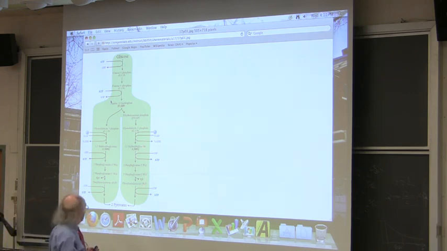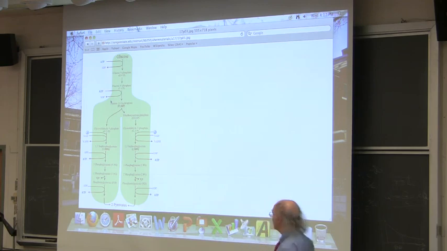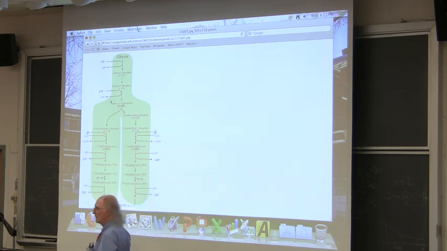This pathway occurs in the cytoplasm of the cell, and in the cytoplasm there's hundreds of thousands of reactions going on simultaneously. So we can look at this and say, well, this is going on in this pathway, but in fact we might have molecules of dihydroxyacetone phosphate that are being produced by another pathway that now are available here. We might see another pathway taking away 3-phosphoglycerate and using it for something else.